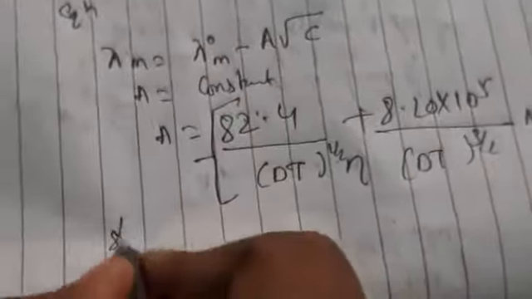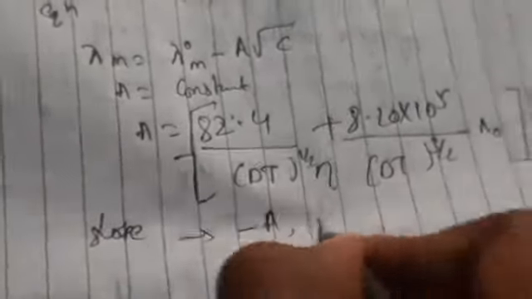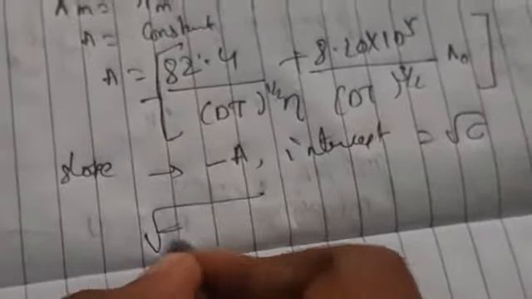The slope in the graph is minus a, and the graph against root of c is a straight line for strong electrolytes.